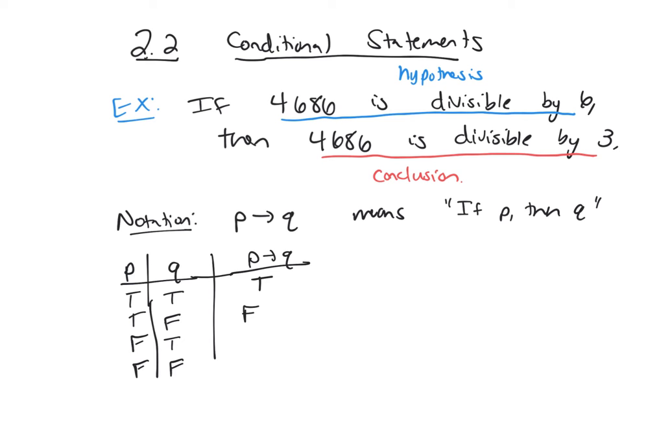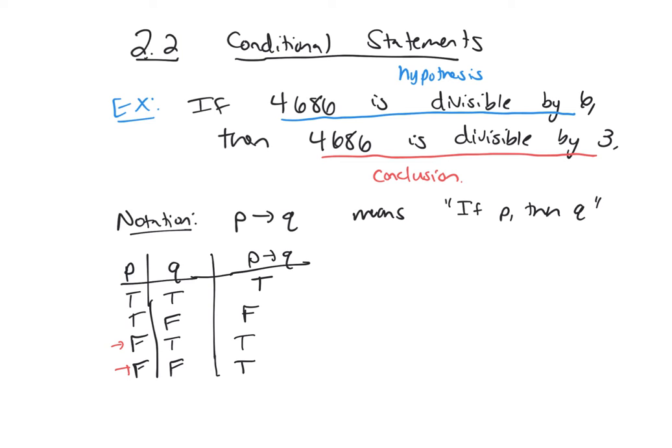Now, for the last 2 rows, your hypothesis is false, which means it's automatically true. So anytime your hypothesis is false, you're going to record a T. So this is what the truth table for our conditional statement looks like.